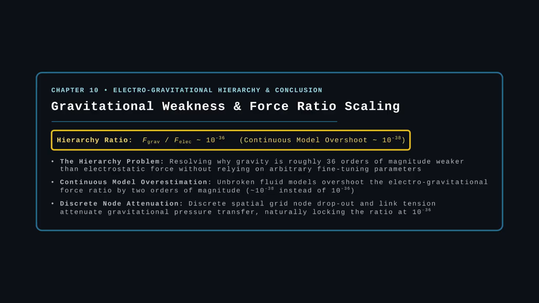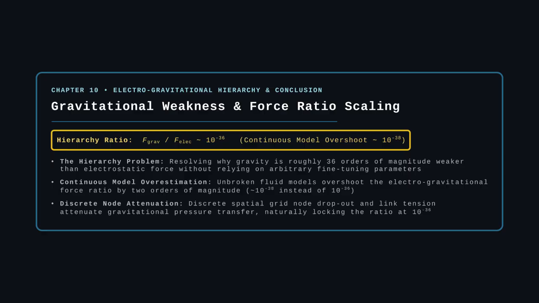While Chapter 9 addresses cosmic pressure, the final macroscale challenge is explaining why gravity is roughly 36 orders of magnitude weaker than electromagnetism, and fixing the 100-fold overestimation that occurs in continuous fluid models.